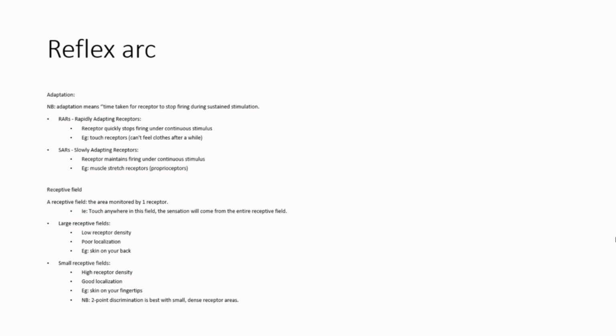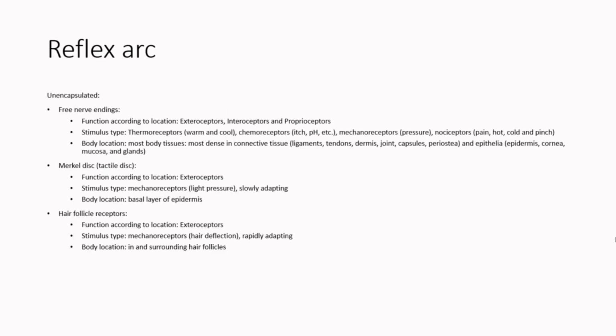And here we have a large receptive field. This is not that specific. They have very low receptor density, very poor localization. A good example of this is the skin on your back. And then we have these small receptive fields which have a higher receptor density. You can localize it very specifically because they have obviously a higher receptor density. A good example of this is the skin on your fingertips.